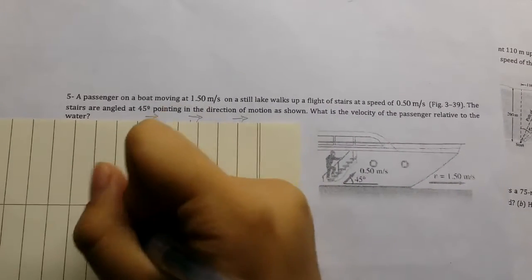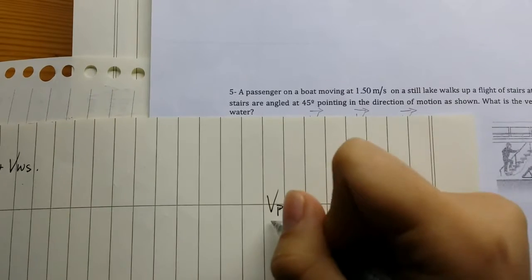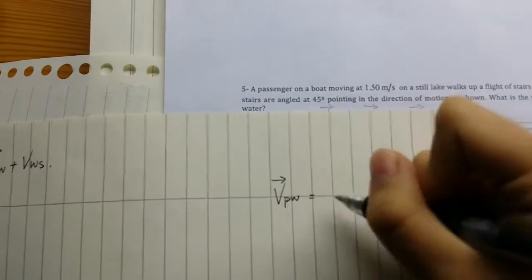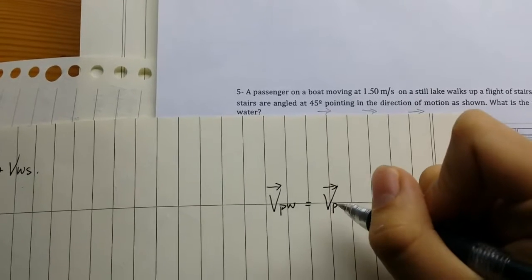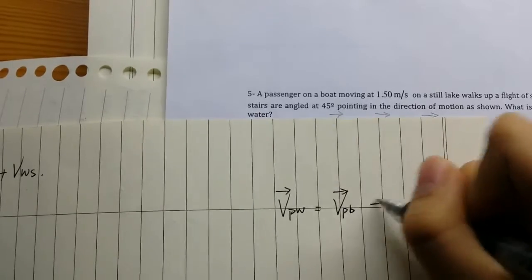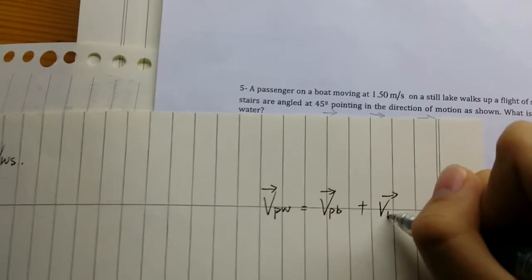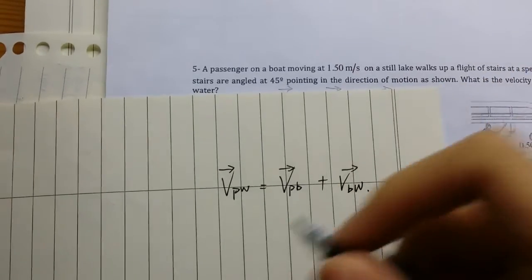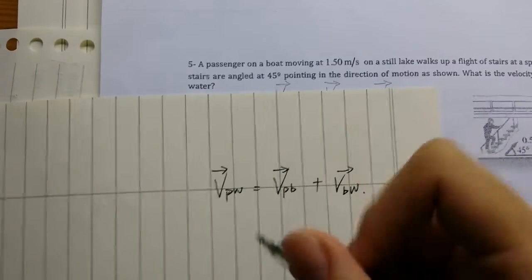This time, the velocity of the passenger relative to the water equals the velocity of the passenger with respect to the boat plus the velocity of the boat with respect to the water. And as I said, we draw a diagram to solve this.